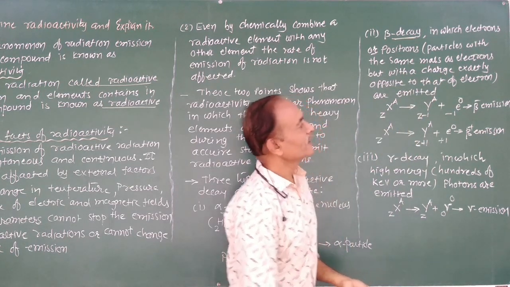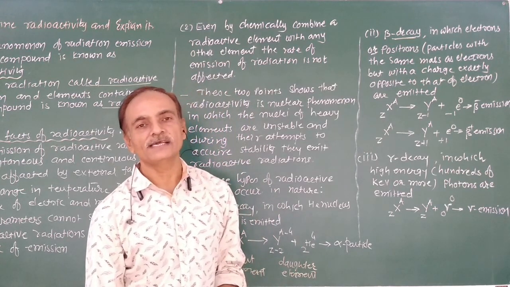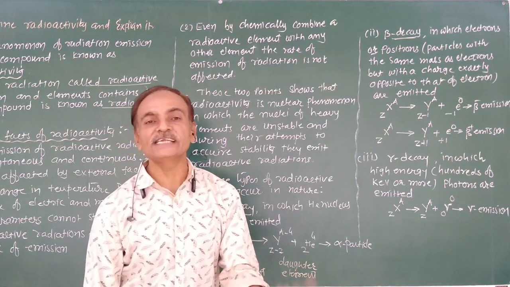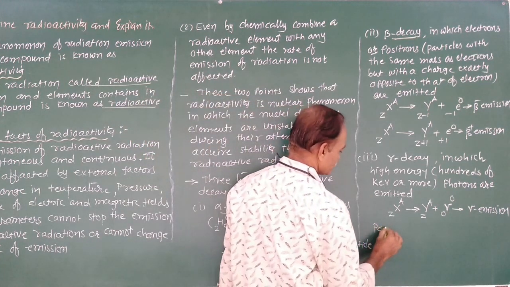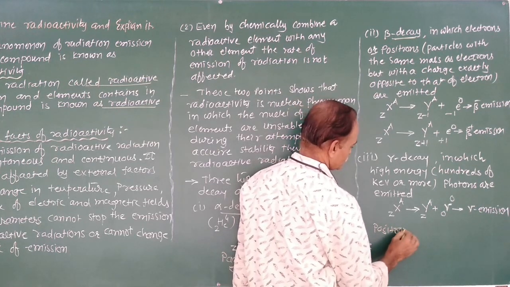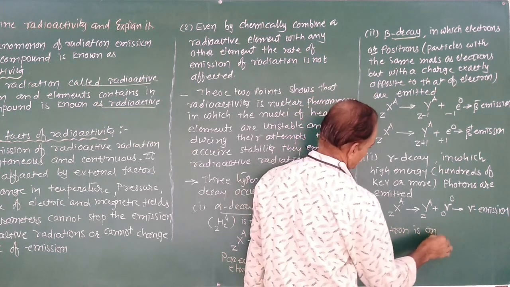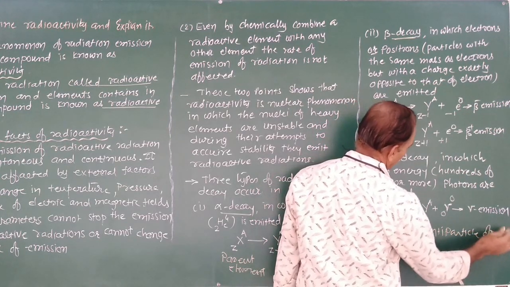The electron is denoted by e minus, the positron is denoted by e plus. The positron is the antiparticle of the electron.